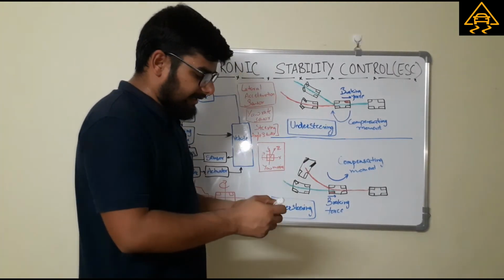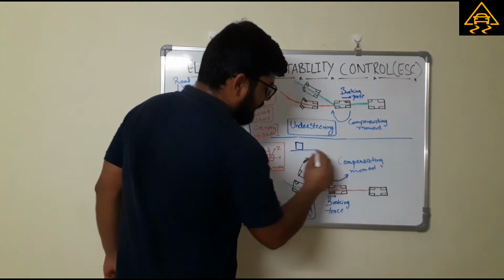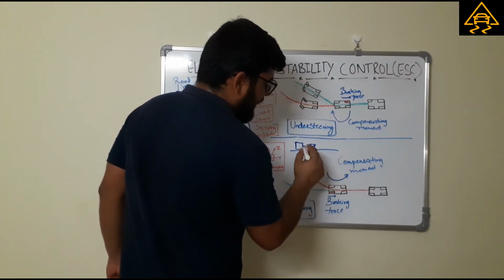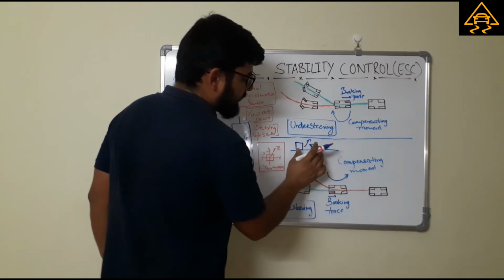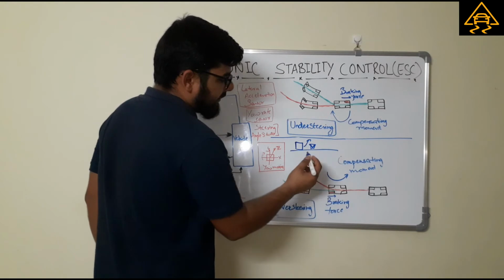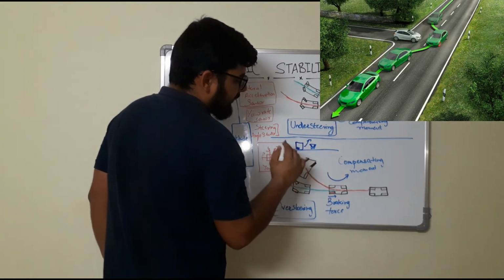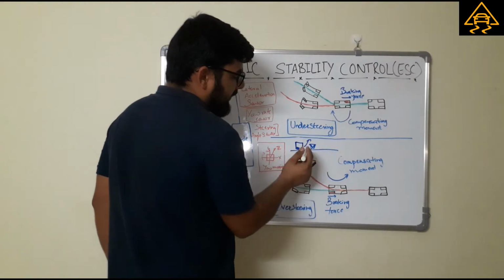If we take a situation like this, where the vehicle is going on the road and something comes in the way and you try to turn but it is not going to turn, it is going through an understeer condition, where the right wheel is braked and the vehicle easily takes the turn.